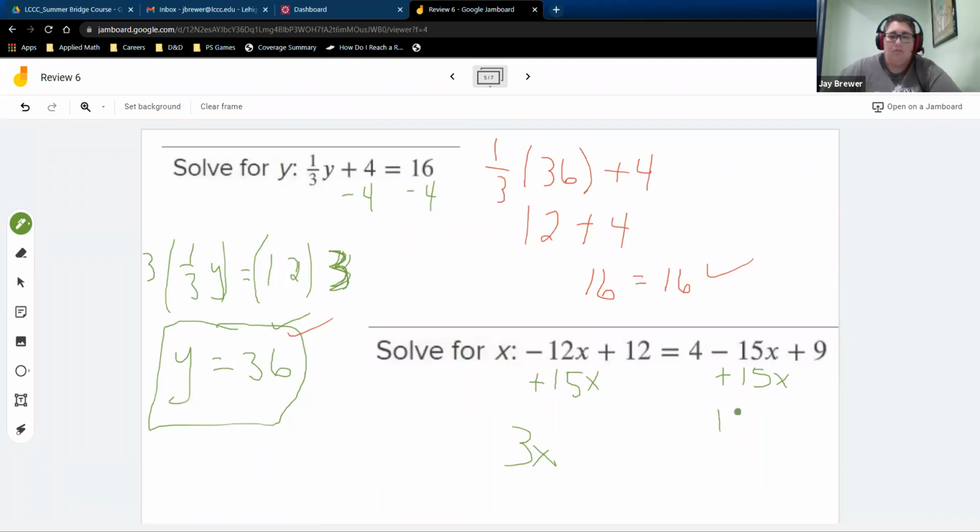So we subtract 12. We're going to get 3x equal to 1. So then x equals 1/3. And again, if you worked that back in there, you would have a true statement again.